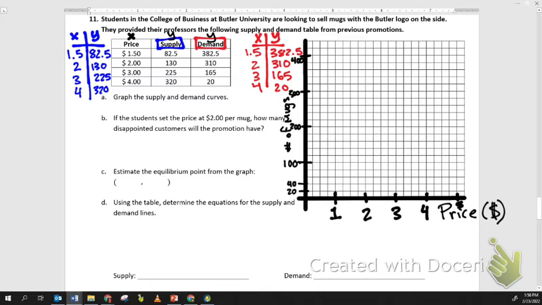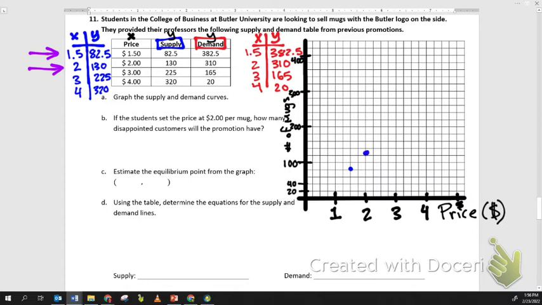So for our supply curve, we have the point 1.5, 82. That'll be right about there, maybe even a little lower. And our next point, I'm looking over here, is $2 and 130 mugs.